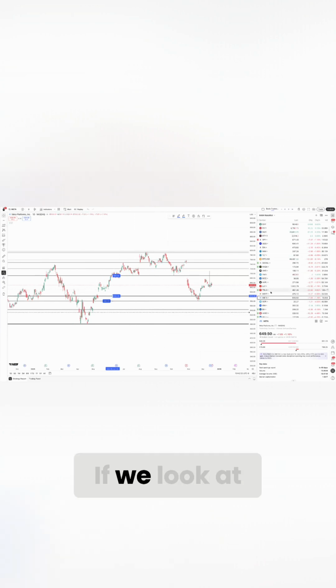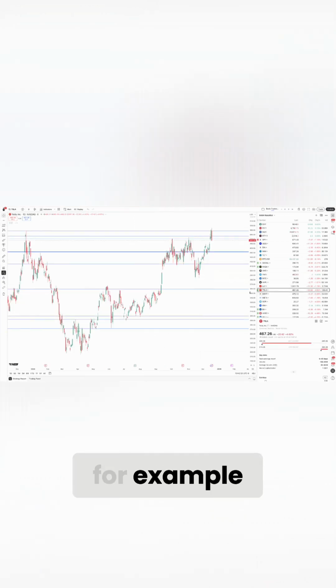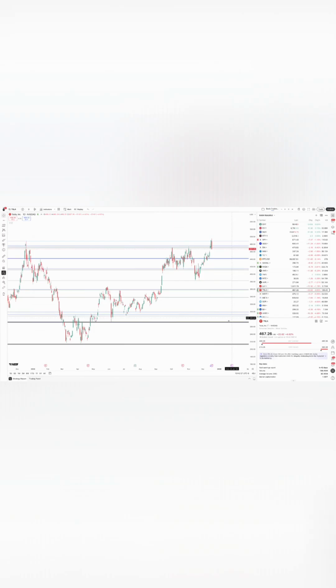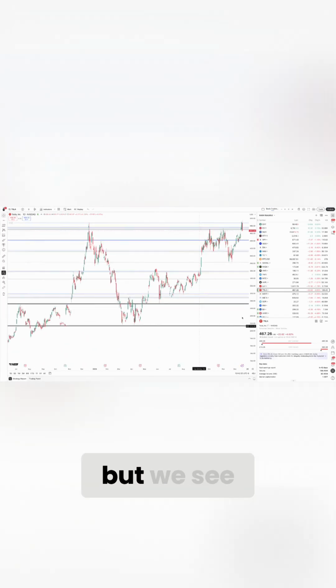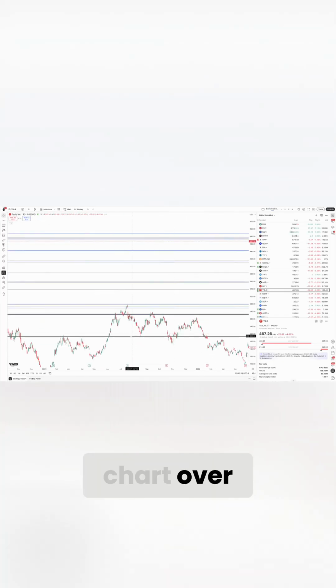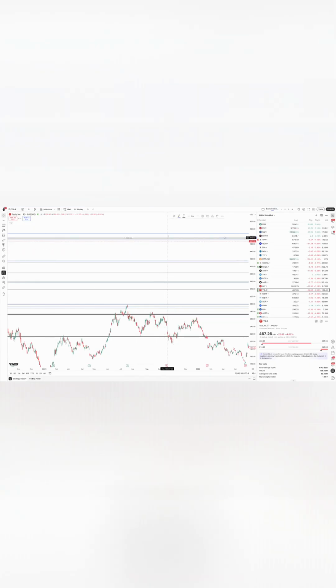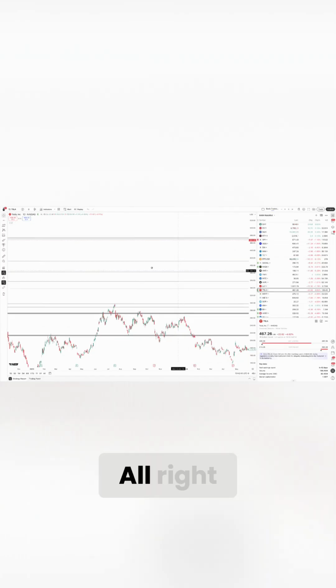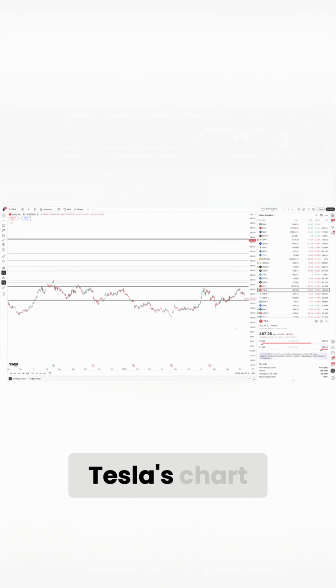If we look at Tesla, for example, Tesla's pushing up in the range. Let me bring our chart over to the side and delete some of these lines I created. All right, so we look at Tesla's chart.